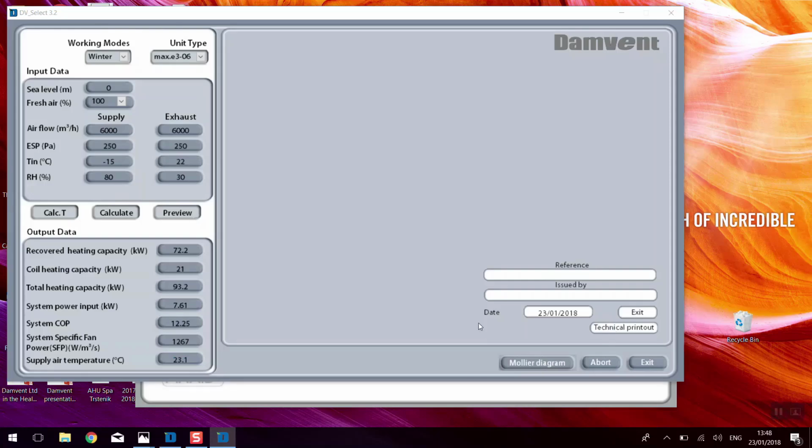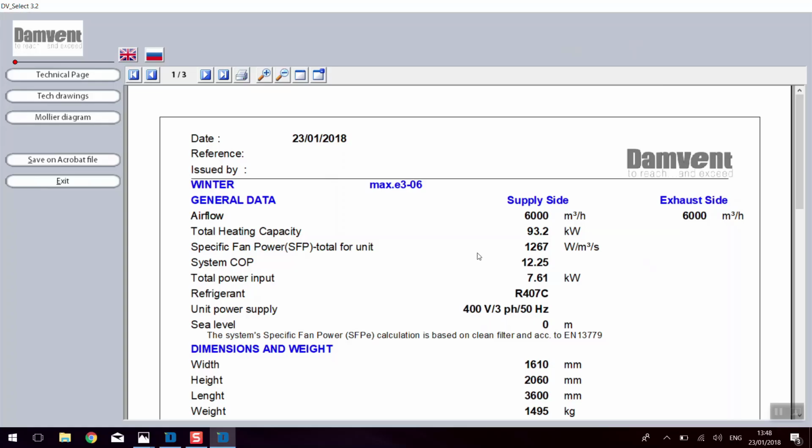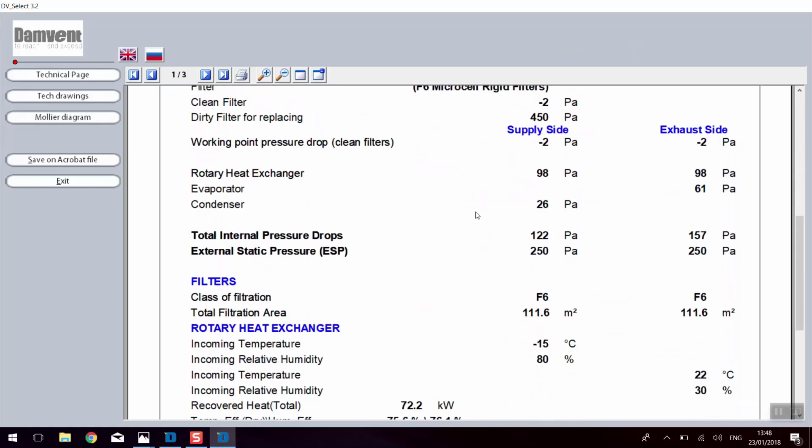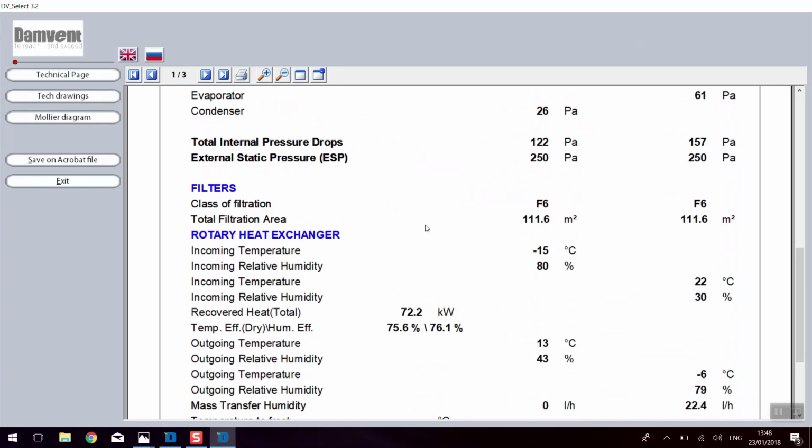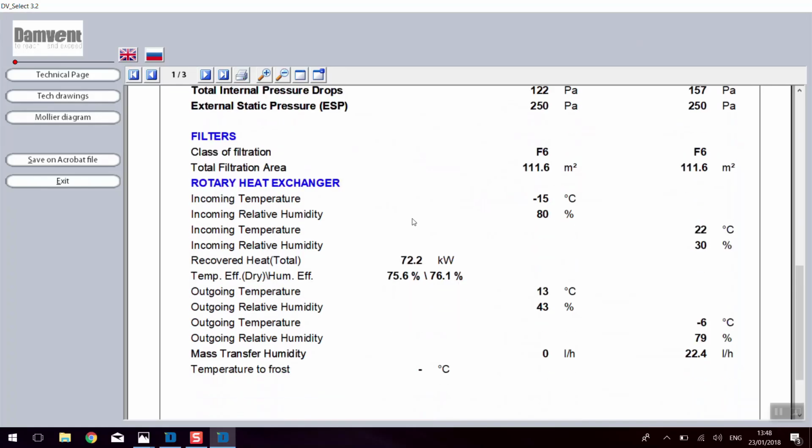We will pay attention to just several facts and figures. It is very important to look at the rotary heat exchanger, because in our selection software and in all our units we use only the sorption type, which means that we have humidity recovery in both winter and summer mode.